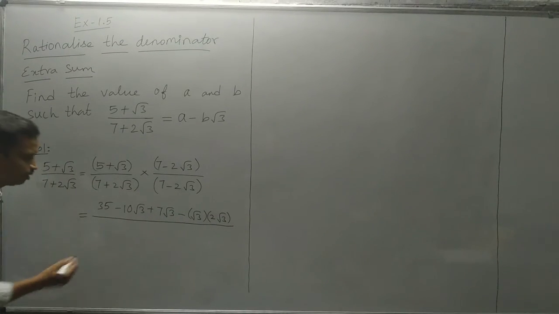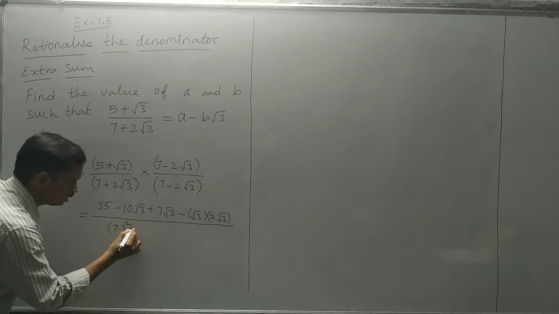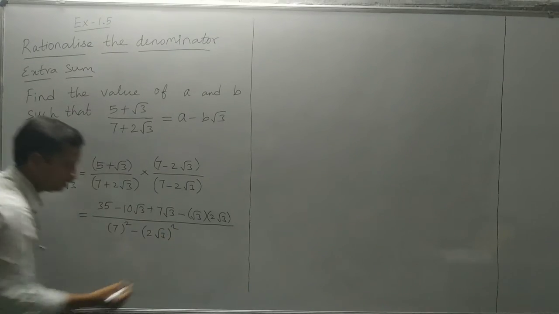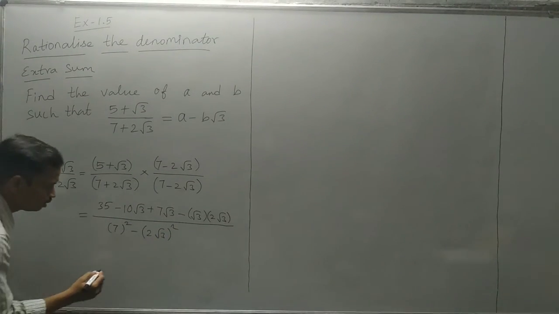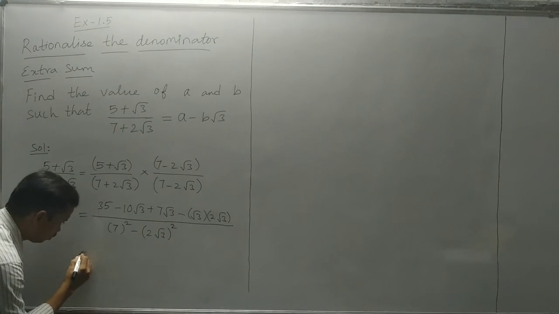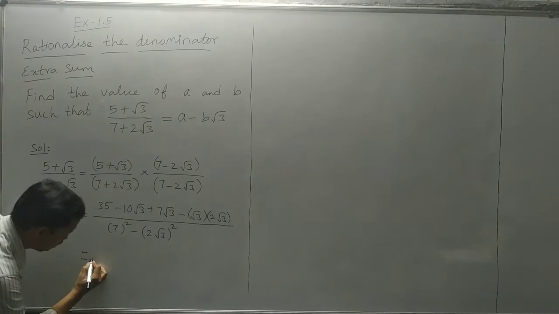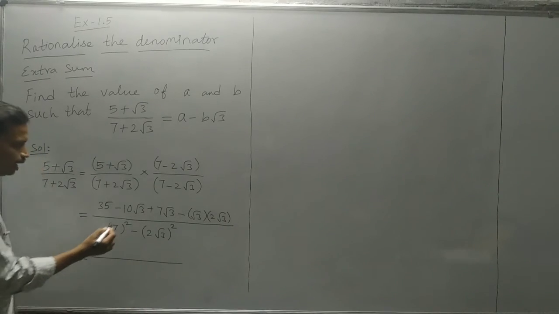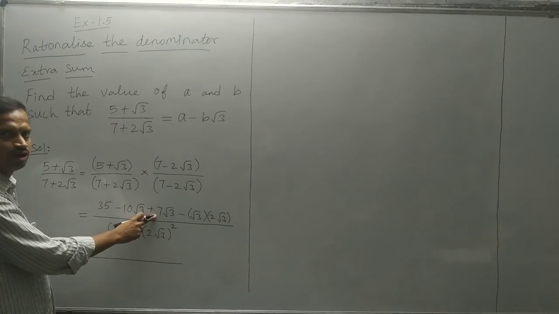Now what about the denominator? I already told you, (a plus b) into (a minus b) is nothing but a square minus b square. And here a is 7 and b is 2 root 3, so you put square here. And now the numerator, you have to simplify again. 35 as it is, and this is minus 10 root 3 and this is plus 7 root 3.